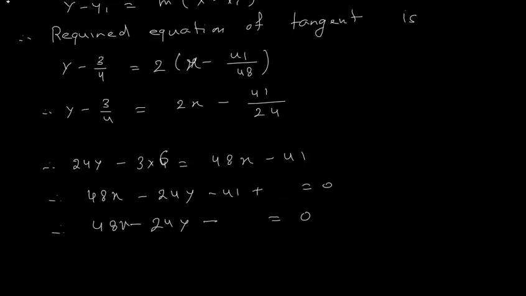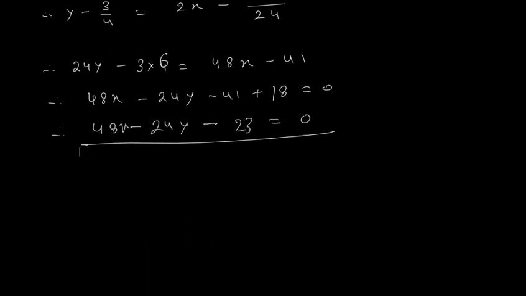So I will write 18. Now 41 minus 18, so 11 minus 8, 3, and 3 minus 1 is 2, so 23. 48x minus 24y minus 23 equal to 0. This is the required equation of tangent.